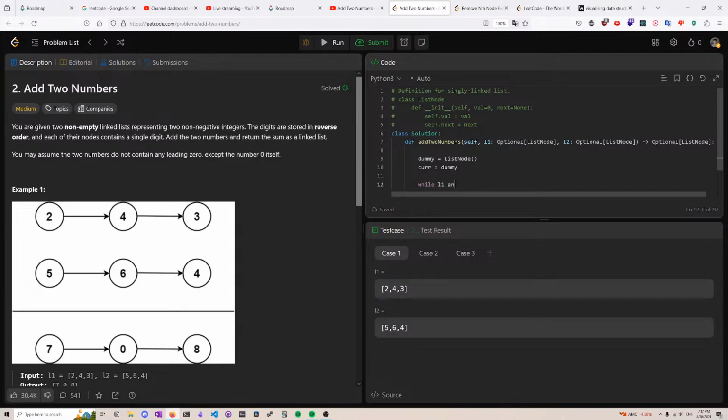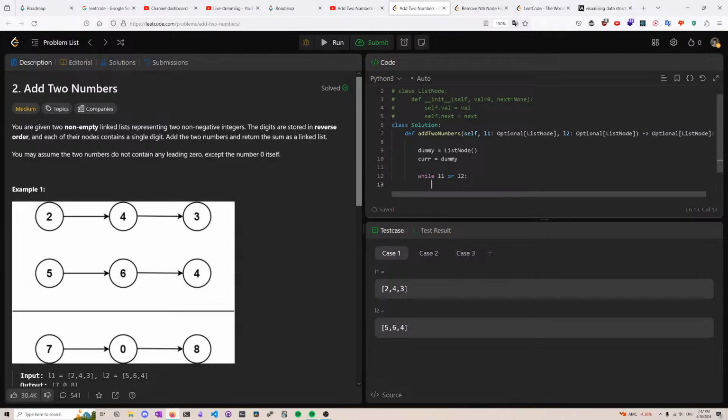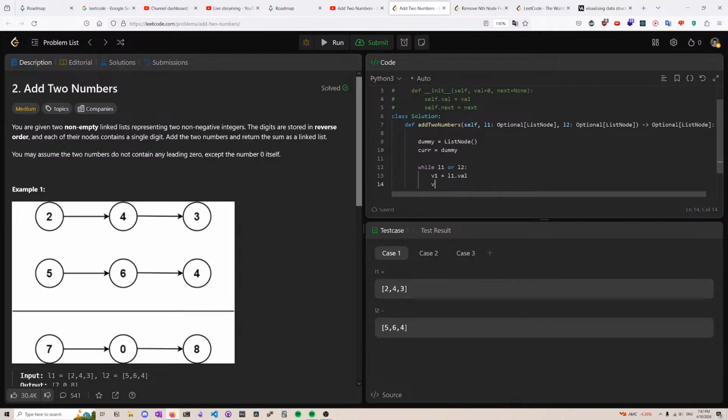While L1 and L2, store the values. V1 equals L1.val, V2 equals L2.val.